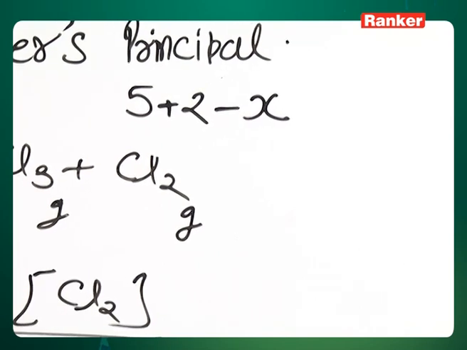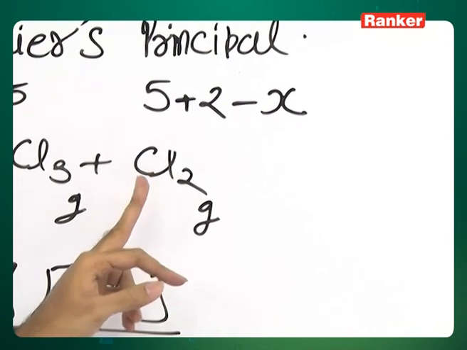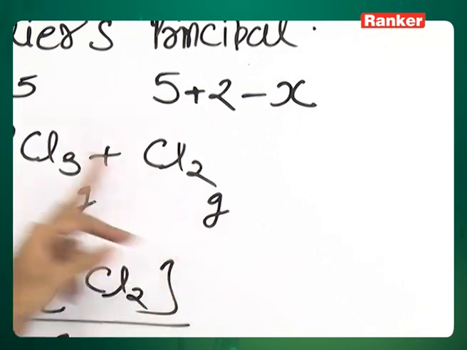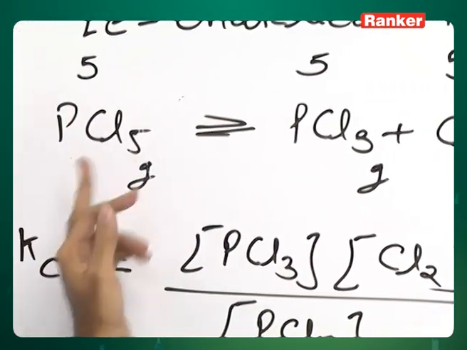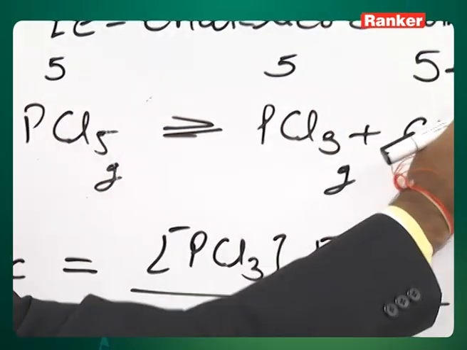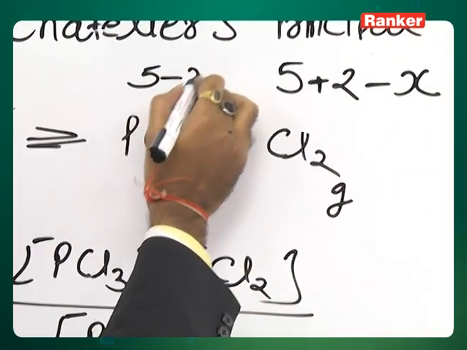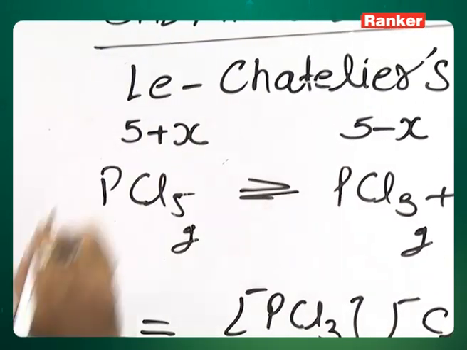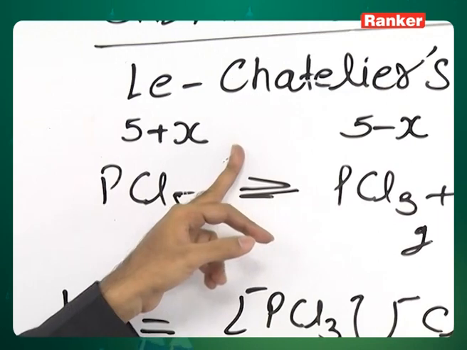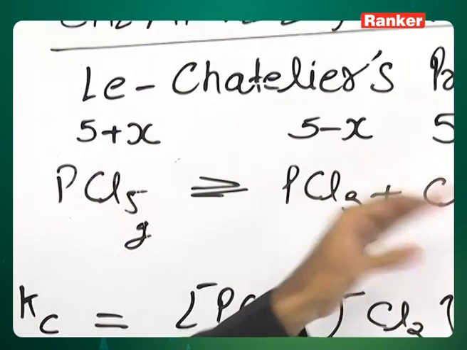One thing you can understand easily, if 1 mole of chlorine reacts, this has to react with 1 mole of PCl3 and 1 mole of PCl5 will be obtained. Same way here, x moles reacted will react with x moles of PCl3 and will produce x moles of PCl5. This is going to be the final number of moles at equilibrium.